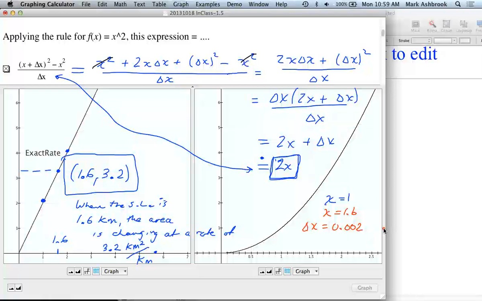Brent, any ideas? Is it that the rate will be slightly more? Okay, the rate will change, but because we're in such a close vicinity, we're going to assume a constant rate through there. But you're right, as soon as we get off of 1.6, the rate is a little bit different. But in terms of interpreting the meaning of this, in the vicinity of 1.6, this rate stays 3.2. So then what could we conclude?